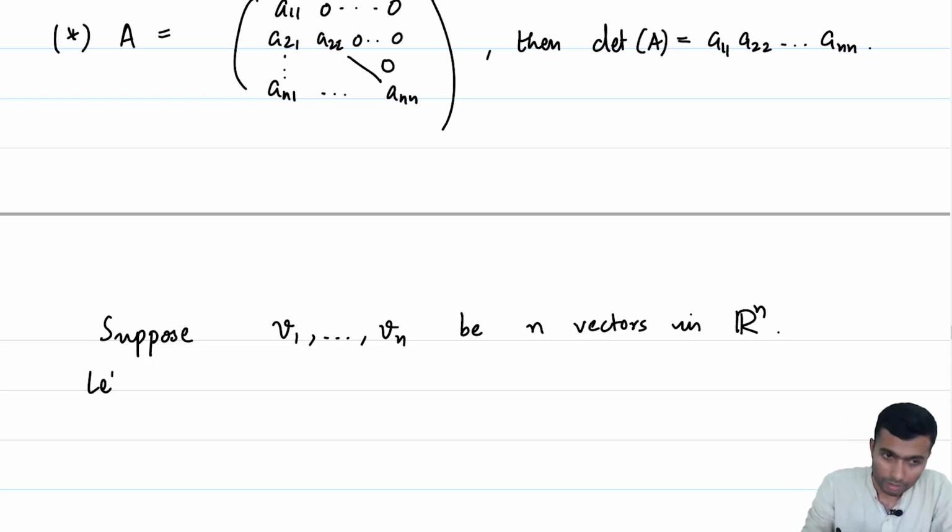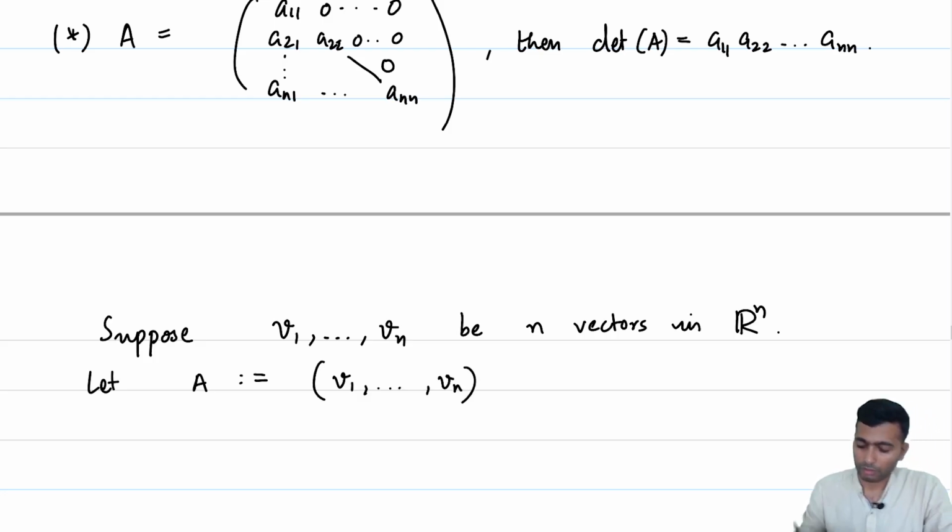Then let A be the matrix which is obtained by the column vector representation. I have just not put the brackets, that is an abuse of notation. V1 here represents the column vector V1 and so on up to Vn, and suppose A is the matrix.